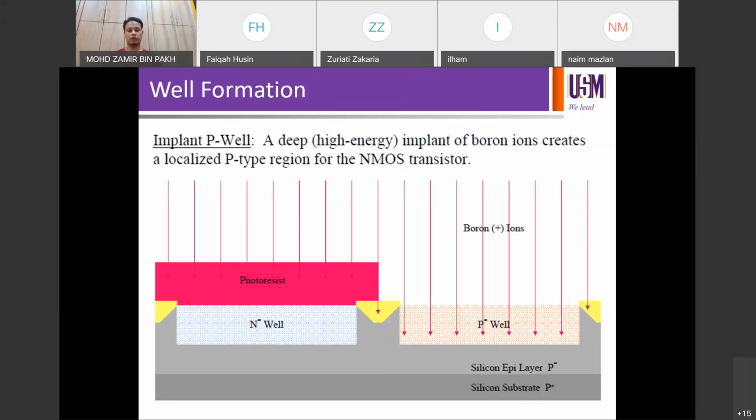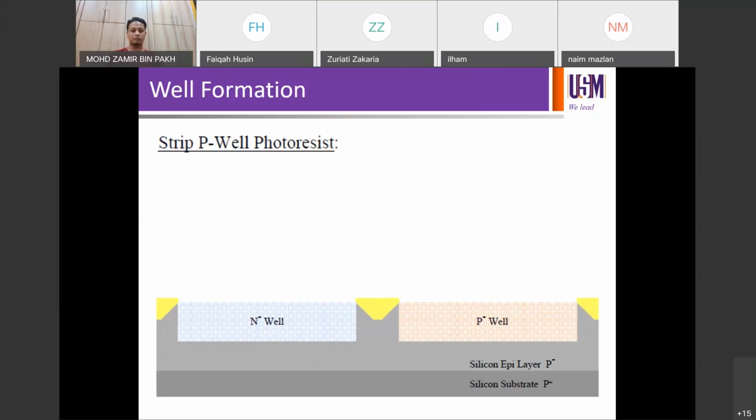We now implant boron using a deep, high energy process in order to form the well. When we talk about a well, it is never shallow, it's always deep, right? Relatively deep in comparison to your source drain formation later on. That's why you need to use high energy implantation to implant boron and produce a P-well.